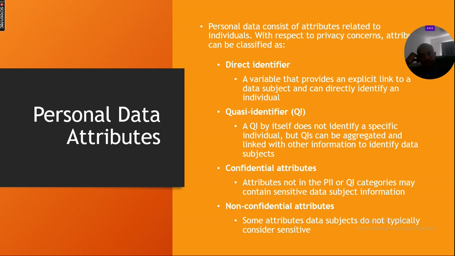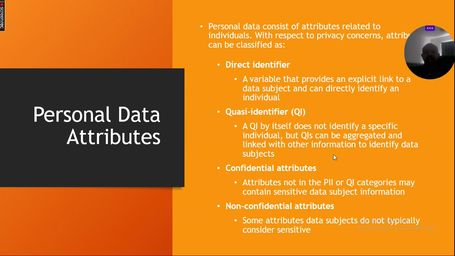You remember the data subject is the PII principal. So it has a link with the data subject and can directly identify an individual, like a re-identification parameter. Any variable that has an explicit link to the data set and can directly identify the owners of this information is called a direct identifier.